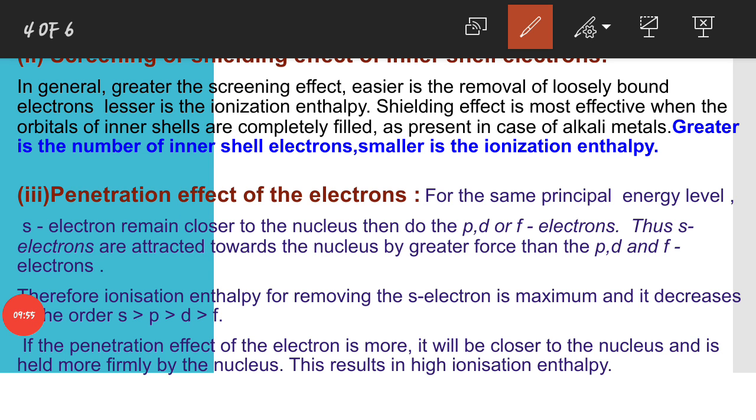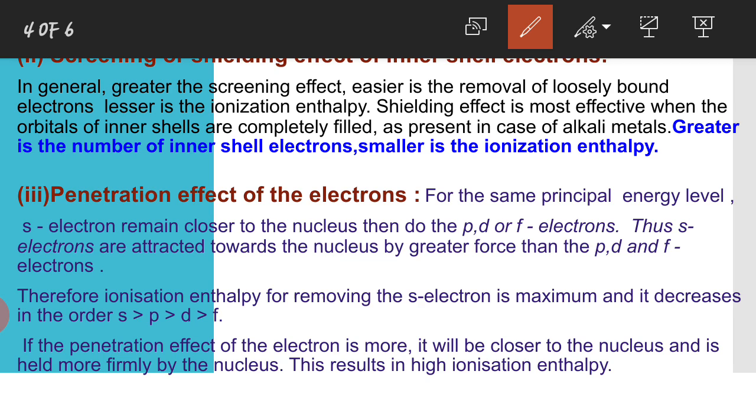Next, penetration effect of the electrons. For the same principal energy level, s electrons remain closer to the nucleus than do the p, d or f electrons. Thus, s electrons are attracted towards the nucleus by greater force than the p, d and f electrons.